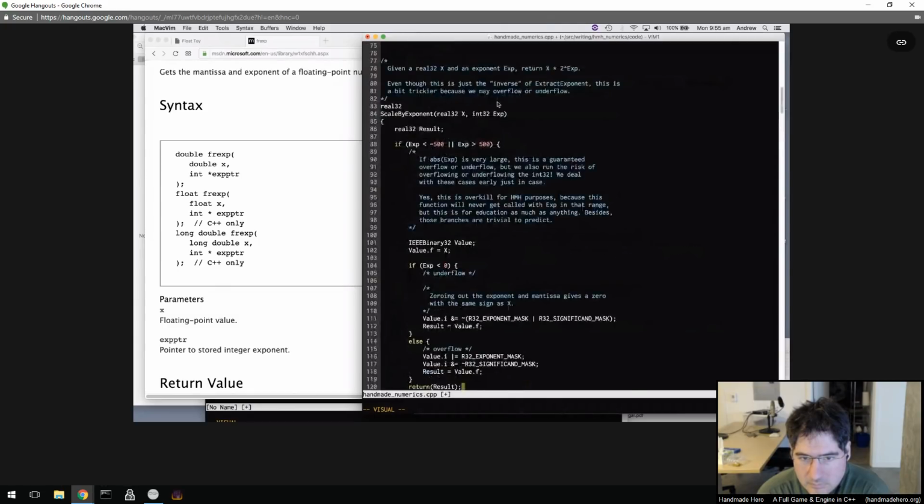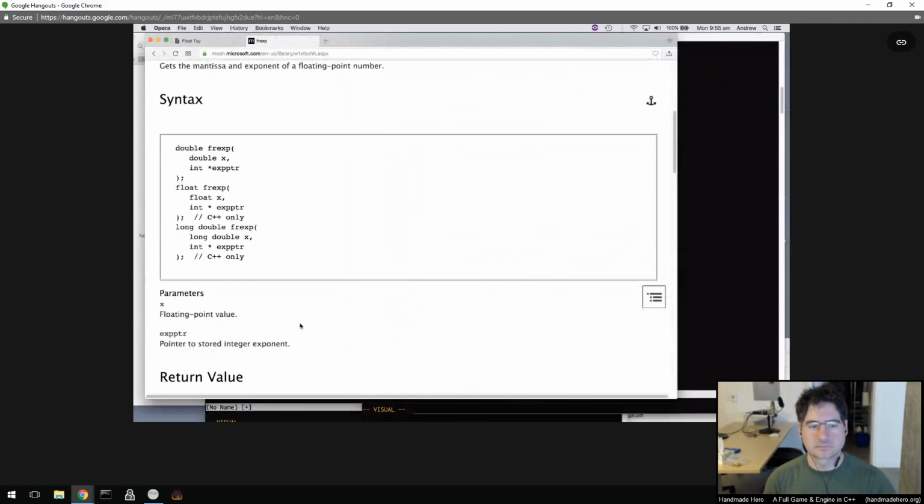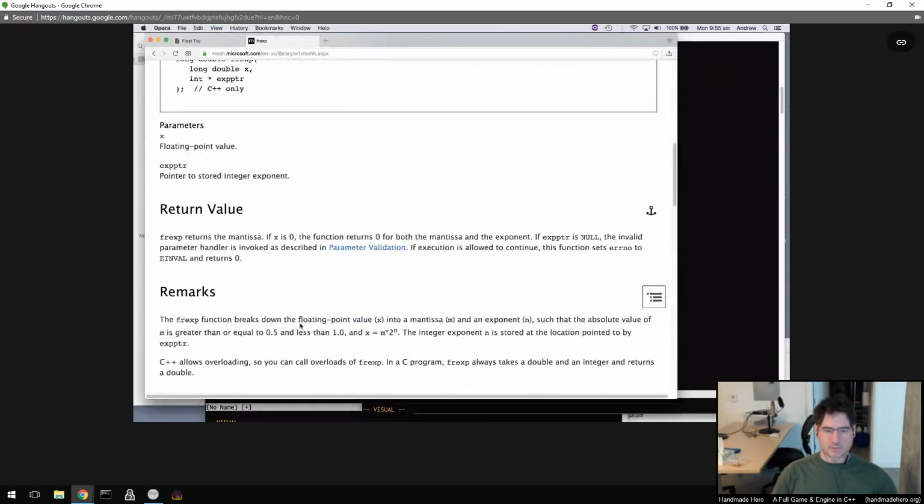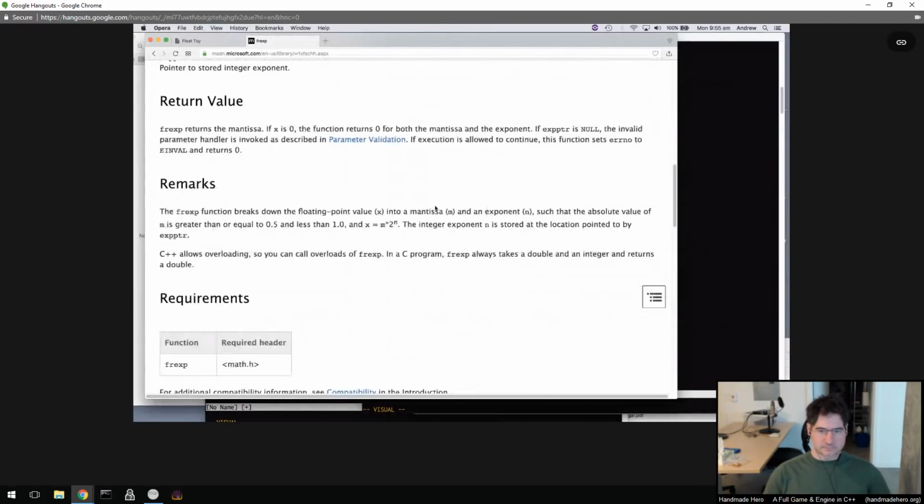Now, this is probably where I should talk about the difference between this and the C standard. Because if you have a look at the definition of frexp here, it splits it into a mantissa and exponent such that the absolute value of m is greater than or equal to 0.5 and less than 1.0. So the C standard doesn't do what floating point textbooks do.